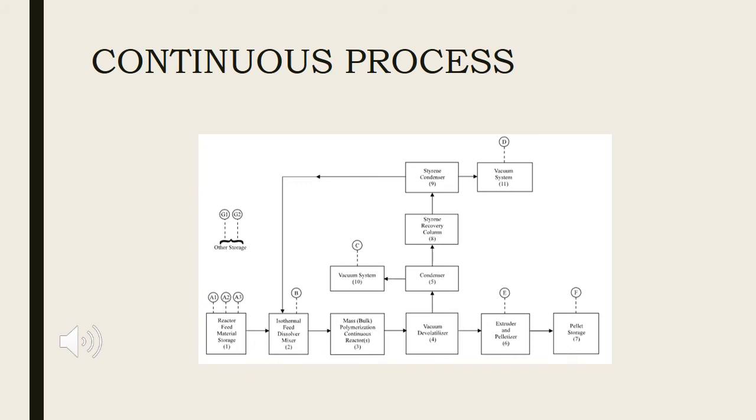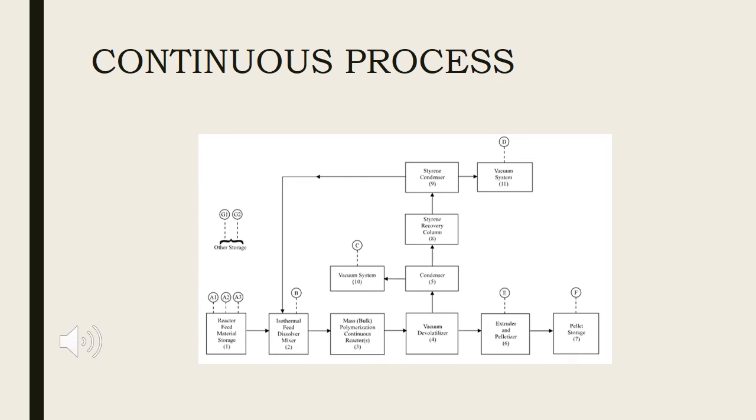Styrene, mineral oil, and a small amount of recycled polystyrene, antioxidants and other additives are charged from the storage, which is unit number 1, into feed dissolver mixer, which is unit number 2. All these ingredients are added in proportions that vary according to the grade of resin to be produced.